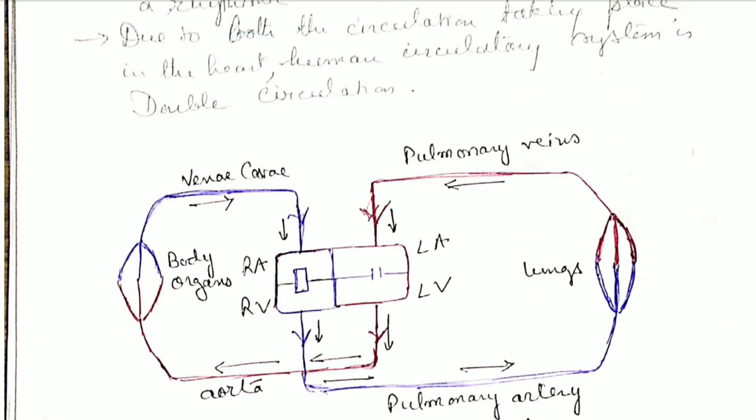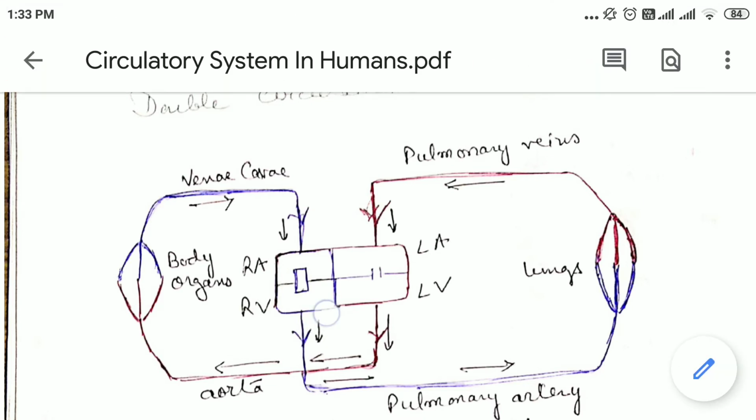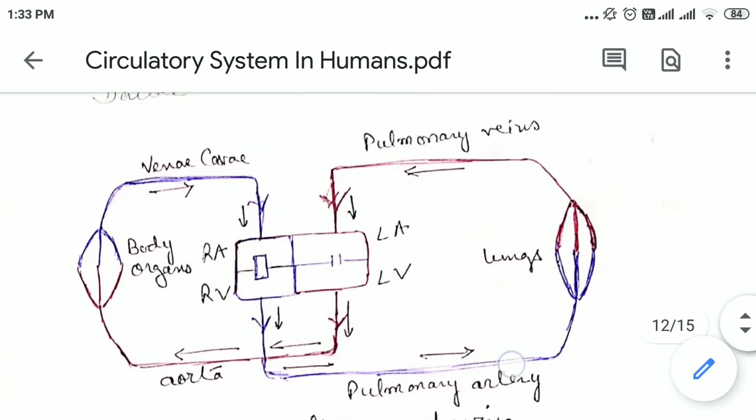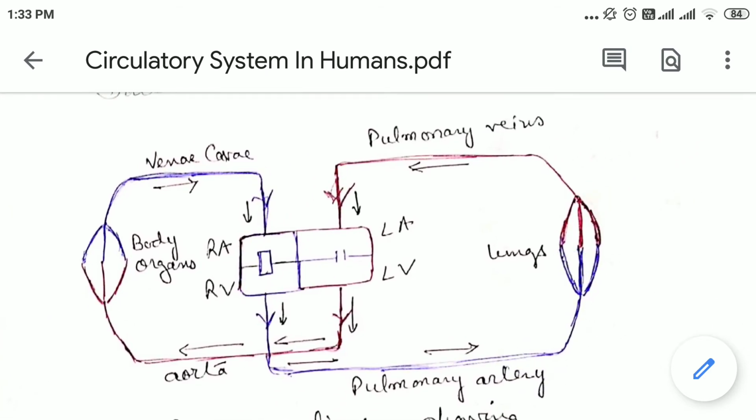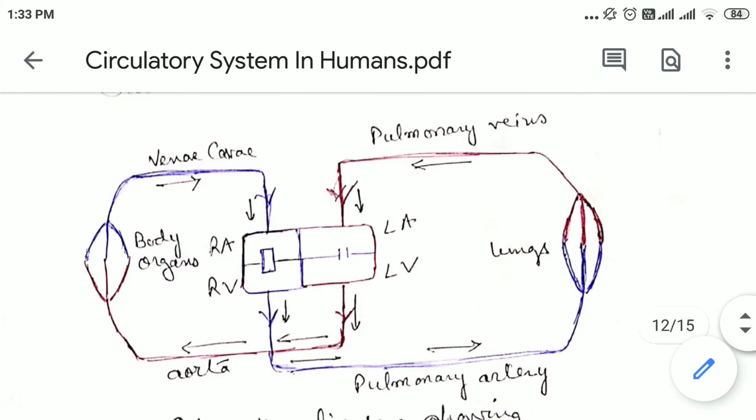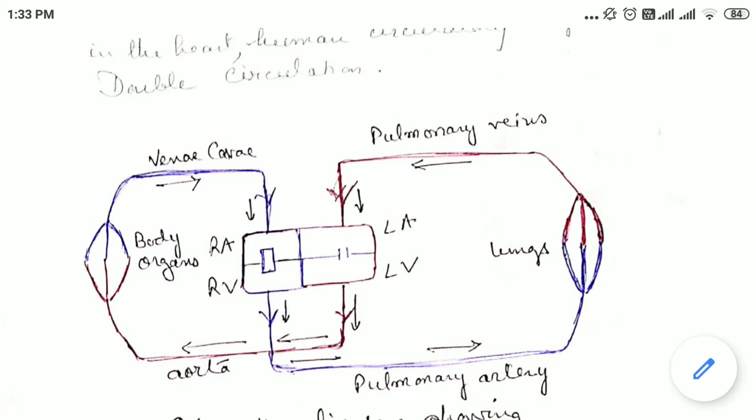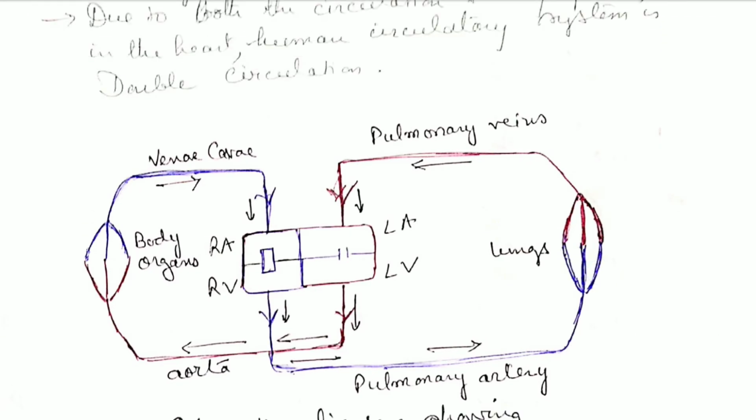When the right auricle is contracting, it is pushing the blood into the right ventricle, and then when the right ventricle is contracting, it is pushing the blood through the pulmonary artery, moving to the lungs. See, this is the lungs. So it is moving to the lungs where the deoxygenated blood is being oxygenated. This is a blue color line you can see. So this is the deoxygenated blood.